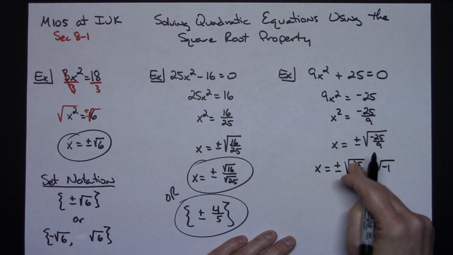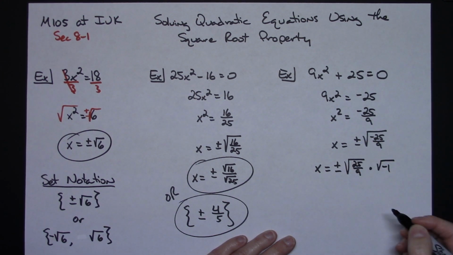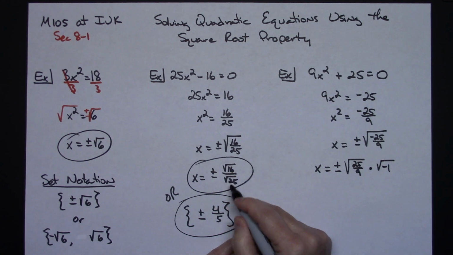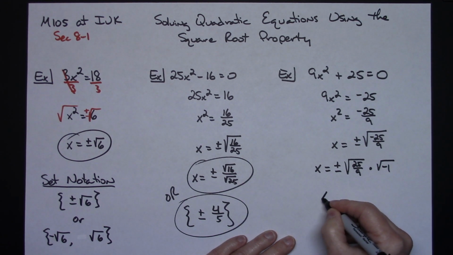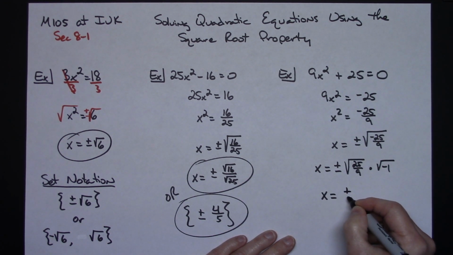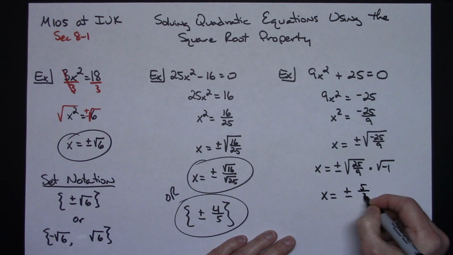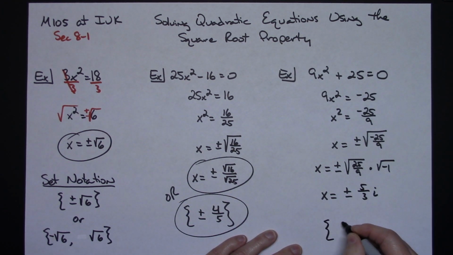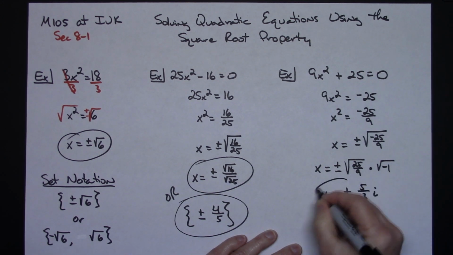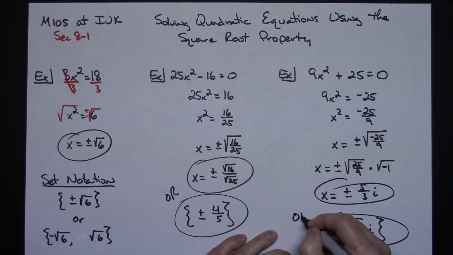I can do the rest like normal because that's going to be a 5 over 3. If I wanted to show that individual step of separating out those radicals, I could, or I wouldn't have to. So x is equal to plus or minus 5/3 i. And again, in your set notation, plus or minus 5/3 i. So either that or that for your answers.